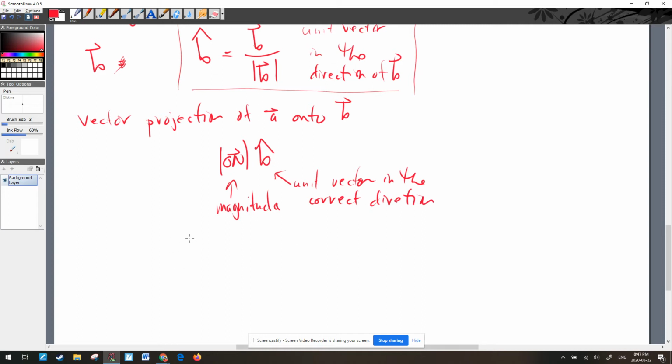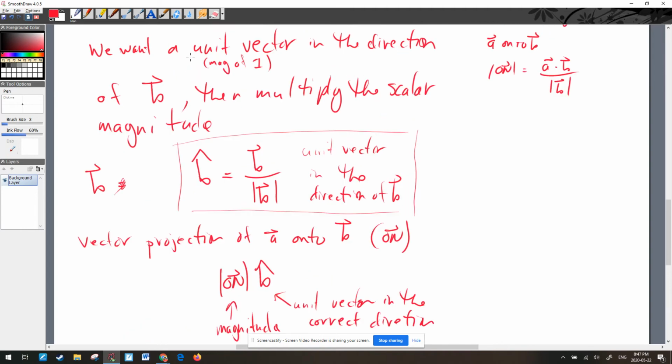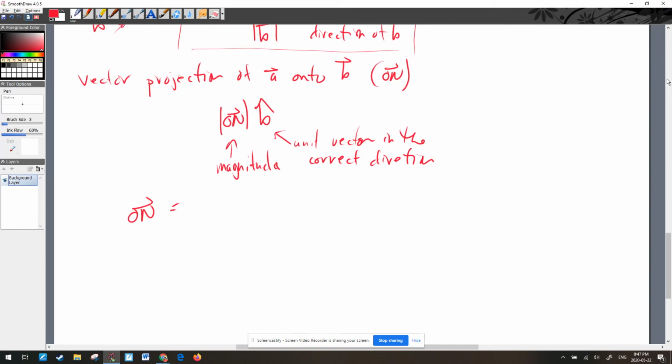So what we can do then is say ON, where ON, notice, is not a magnitude anymore. It is the projection of A onto B. We're going to call that ON just to make sure it's clear. The magnitude of ON we already have. We defined that earlier. It's A dotted with B over the magnitude of B. So that's the same thing as this.